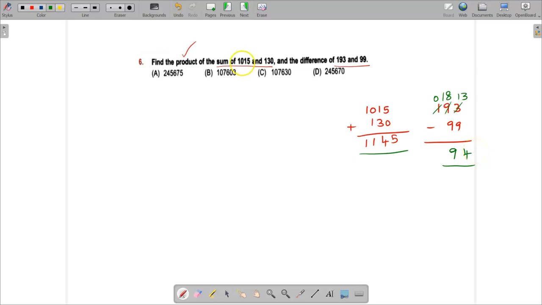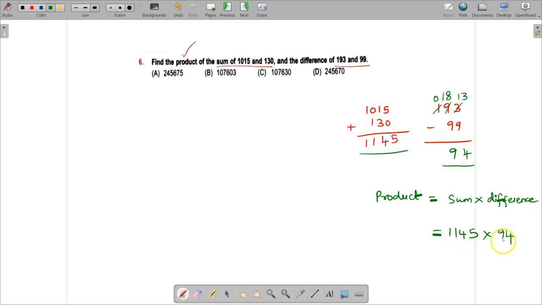So you have determined the sum as well as the difference. Now we need to find the product. Product is nothing but multiplication. Whatever we obtained as the sum, we need to multiply with the answer of the difference. The sum is 1145 and the difference is 94.